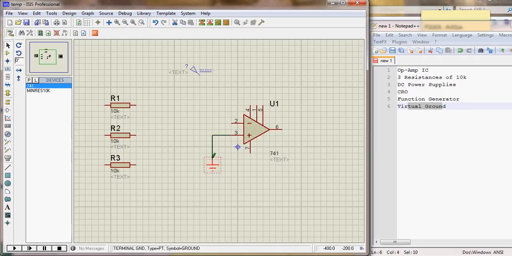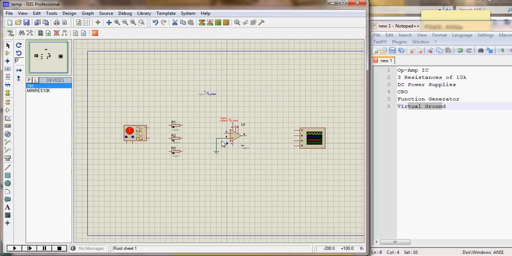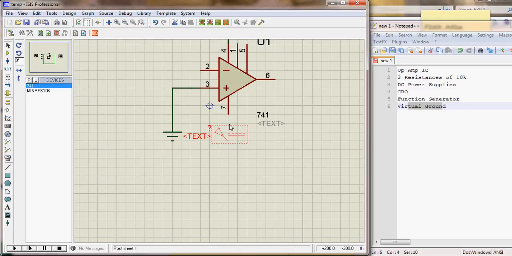Ground it. Pin 4 is for negative supply, 7 is for positive supply. So we have, this is the supply and this is the fourth terminal connected. This is the another supply. 7th is connected with this.